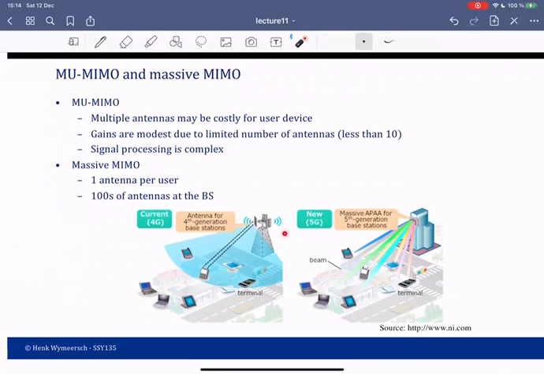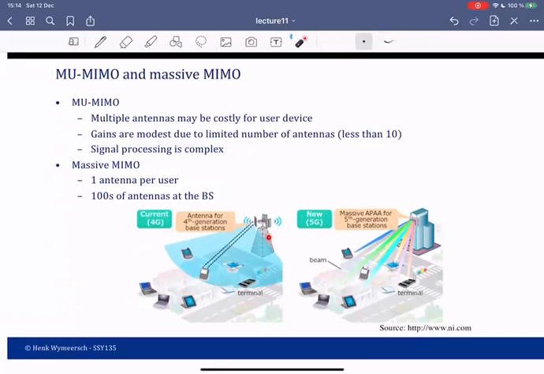And this picture shows the difference between current 4G systems, which you could see as multi-user MIMO, and here we have massive MIMO on the right. So here you have a base station with a few antennas, a user with also a few antennas. You have multiple users of this. In 5G, you will have a base station with a lot of antennas, hundreds of antennas, and each user has a single antenna.